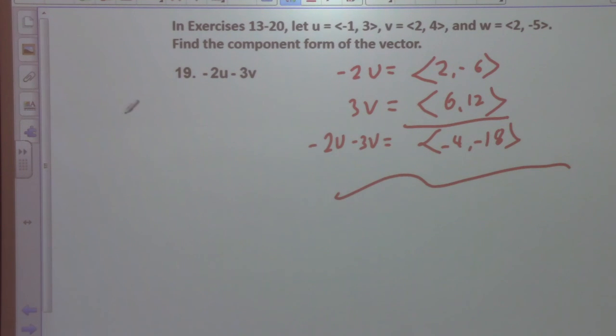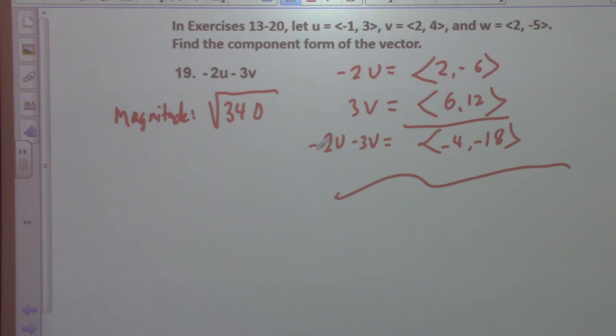Okay, go ahead. And your magnitude? I got the square root of 340. Yes, sir. So you get 18 squared, which is 324, plus 4 squared, which is 16.